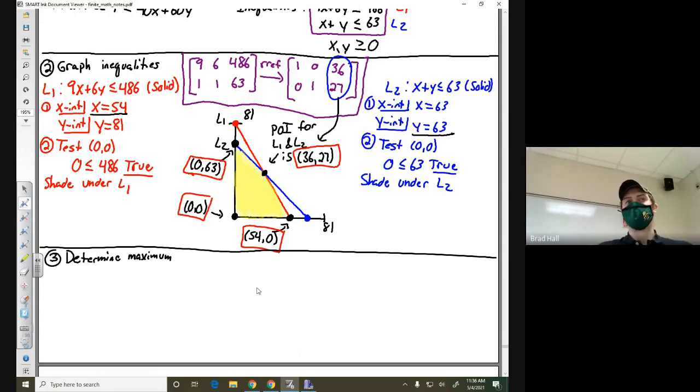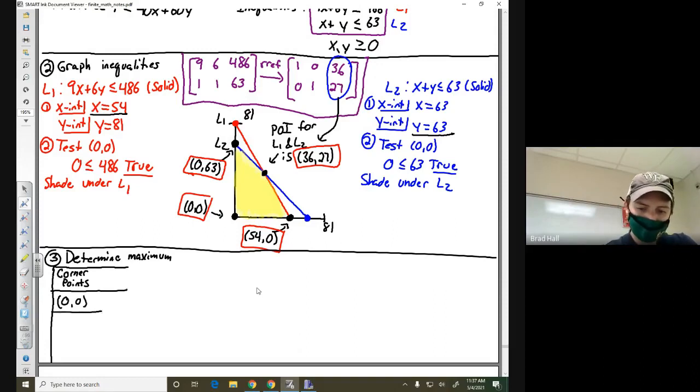Again, we don't have a template for the table, so we're going to draw one. The first column is corner points, and the corner points that we found are 0, 0; 0, 63; 54, 0; and 36, 27.